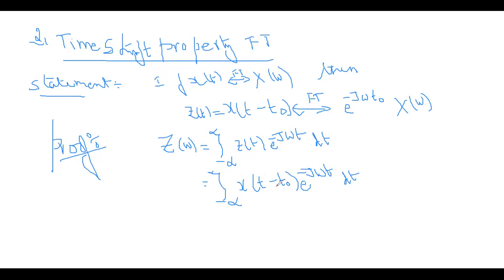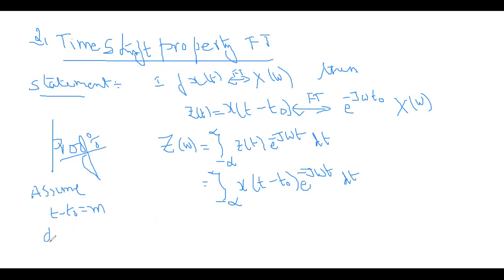Now here in x of t minus t naught, I can treat t minus t naught as a dummy variable. Let's assume t minus t naught is equal to m, where t naught is a constant, and t is a variable and m is also a variable.